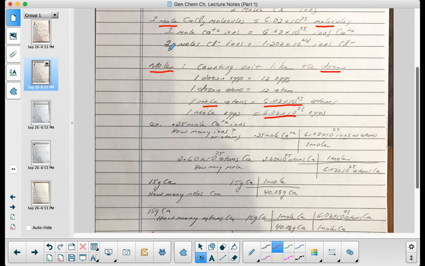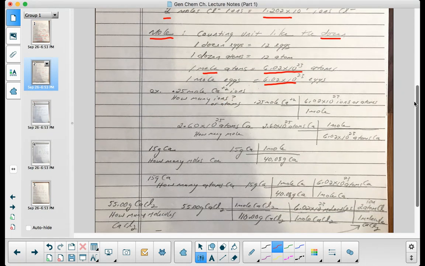If I have 2 moles of chloride ions, these are the components of this molecule, that means I have 1.202 times 10 to the 24th ions of chloride, because I'm going to take 2 times 6.02 times 10 to the 23rd, which will give me that 1.202 times 10 to the 24th.